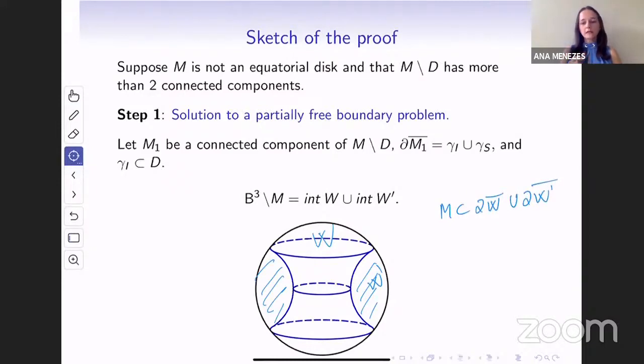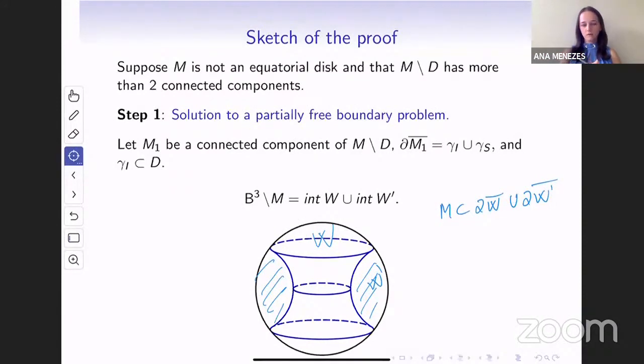We look at all surfaces contained in W such that they have the same fixed boundary as the component that we picked, and the free boundary will vary in the part of the sphere that is contained in your region W. It could even be empty; it's free. Then among all such surfaces, we want to find the one with least area.